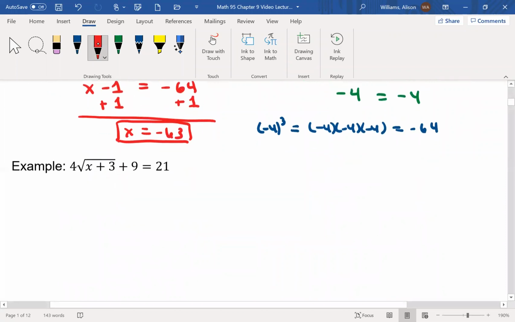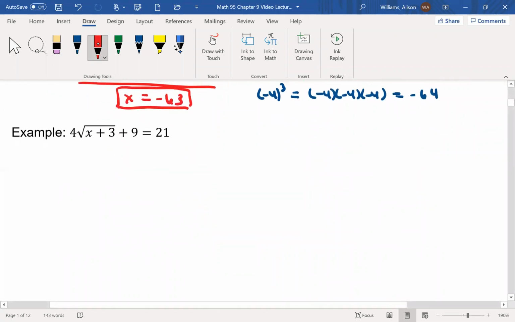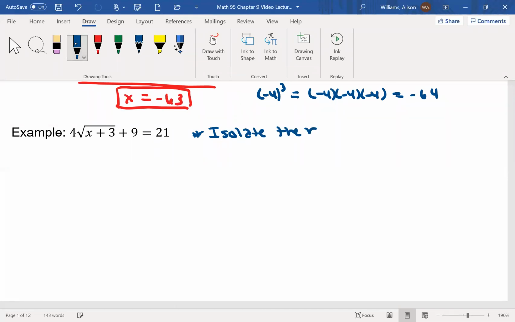Let's try it again. Okay, now this time, I have a bunch of stuff near the square root. So when that happens, I need to get the radical by itself. So I need to isolate the radical before I even begin.